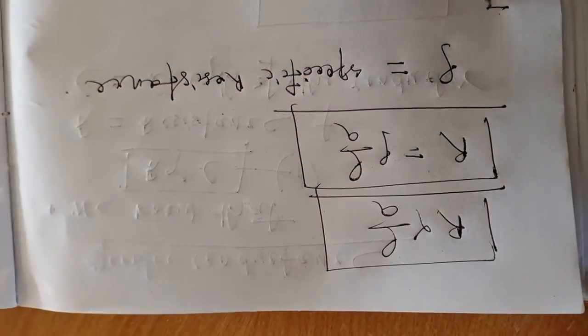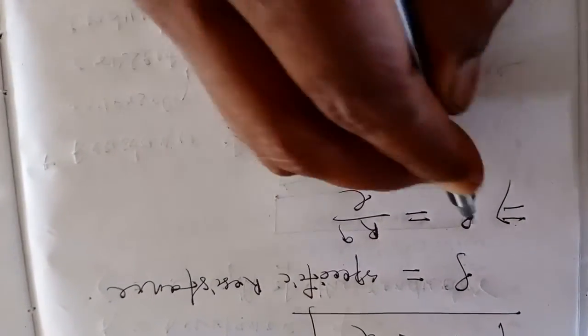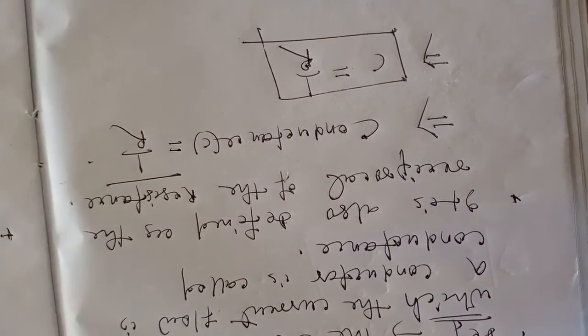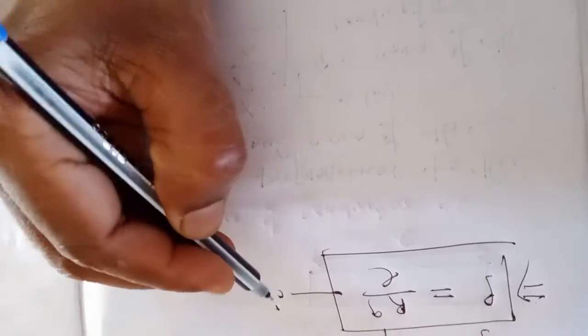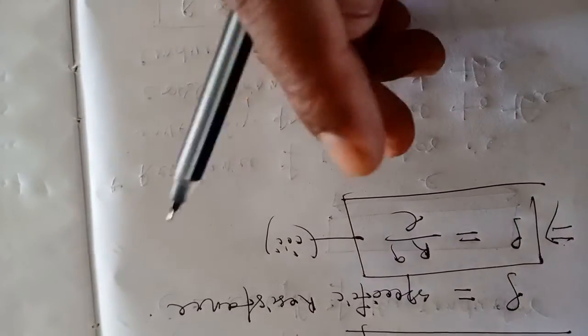That implies rho equals RA by L. This is equation number 3. So here rho is the specific resistance.